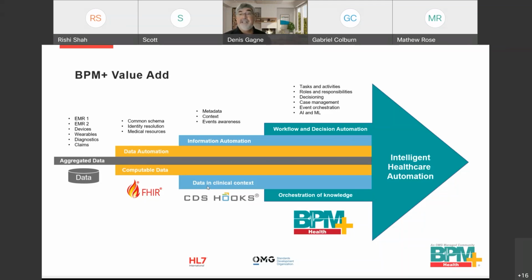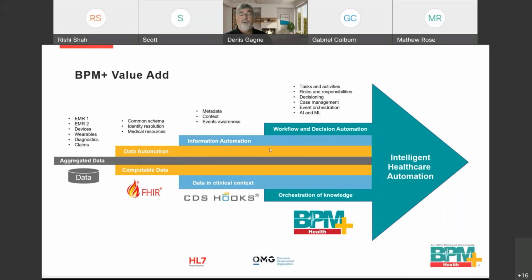And by adding context to data, we obtain information. So by adding this, we are in a mode of information automation where we have metadata that is provided, we have the context, and we have event awareness. So we have really an information flow here that we can automate.